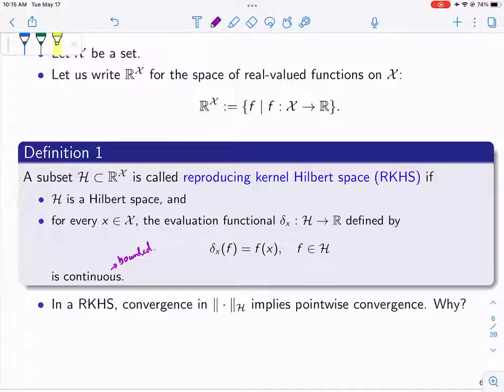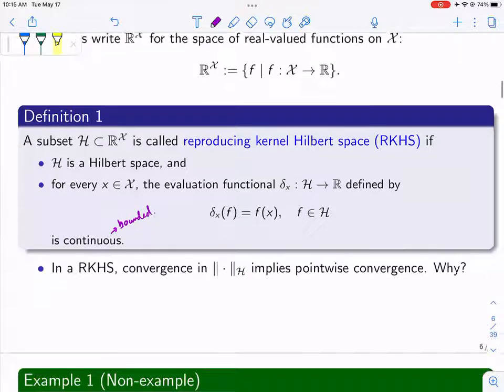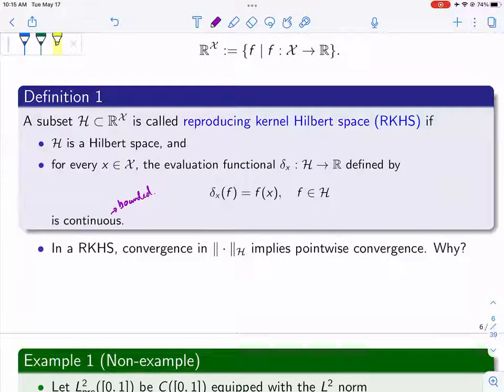I want to give some examples of this and then talk about the consequence of the Riesz representation here. So if you have an RKHS, because the evaluation functionals are continuous, this means that convergence in the Hilbert norm (this has an inner product, right?